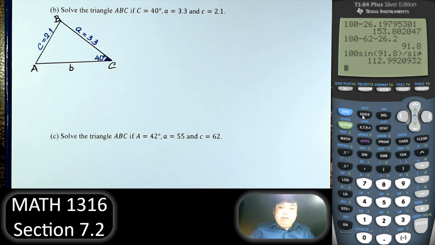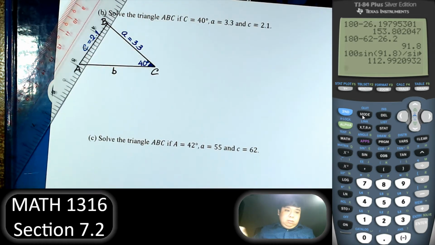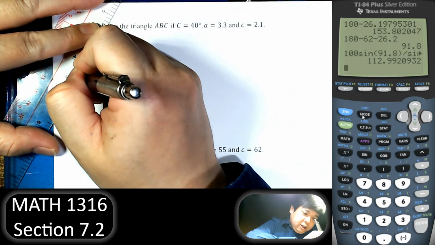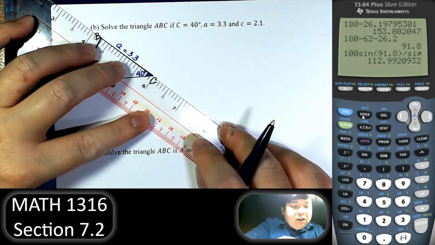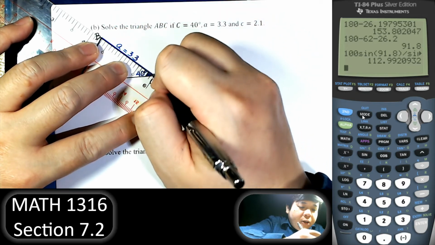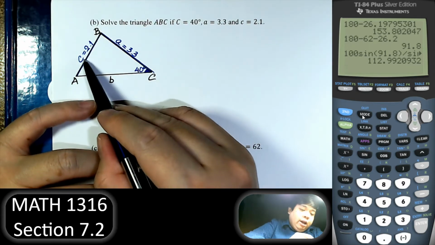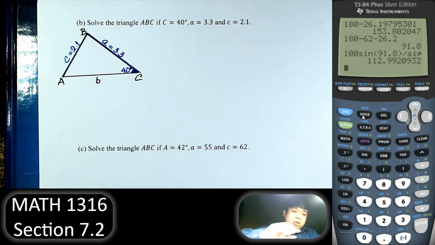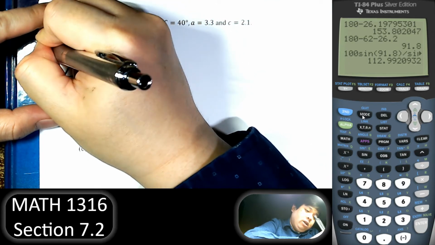Right, so what are we given here? We know this side, and we know this side. Since the angle is not in between, we have a side-side-angle case.